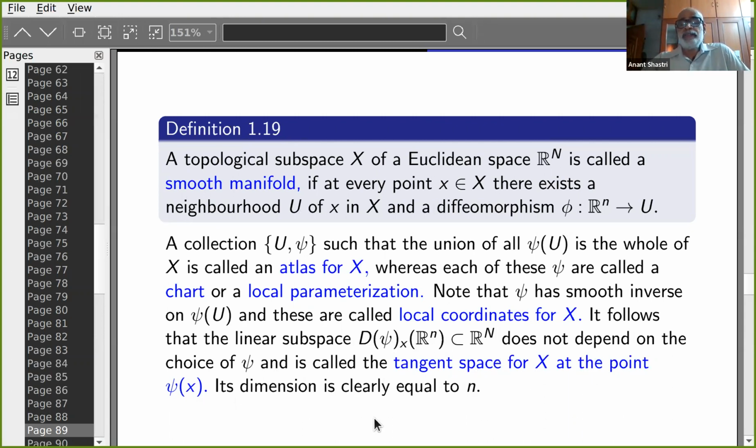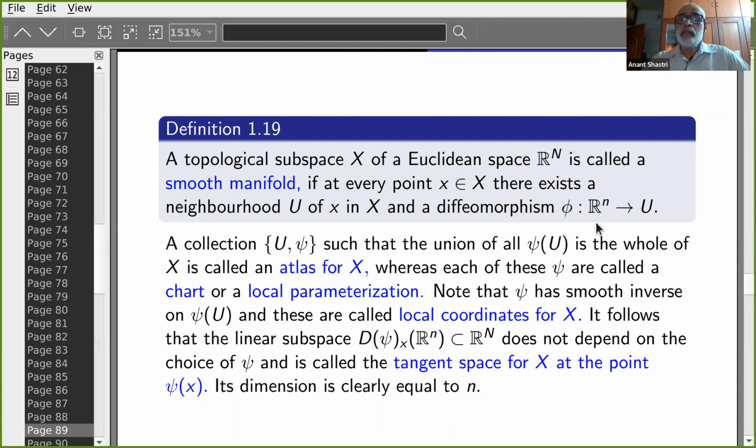Its dimension is clearly equal to n, because this is a diffeomorphism. That means there is an inverse. Psi composed with its inverse is identity. When you take the derivative, the composite derivative is the derivative of the identity, all that we have seen last time. So this dimension will be equal to n all the time.